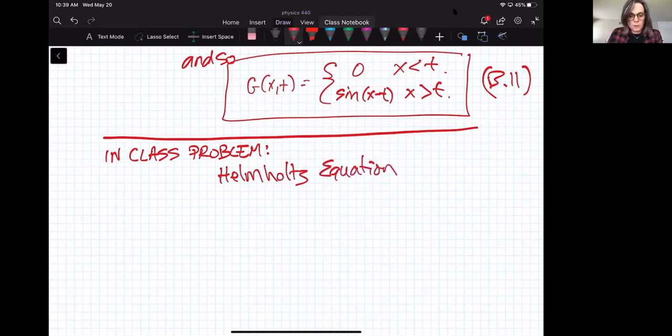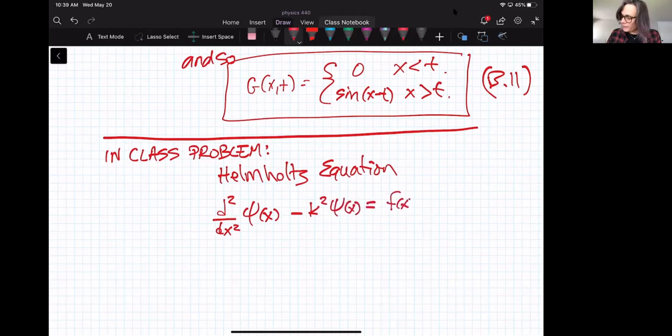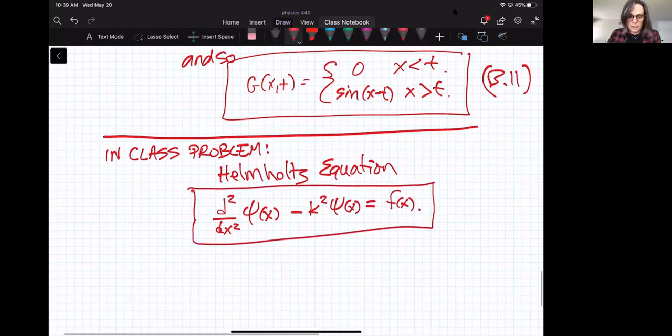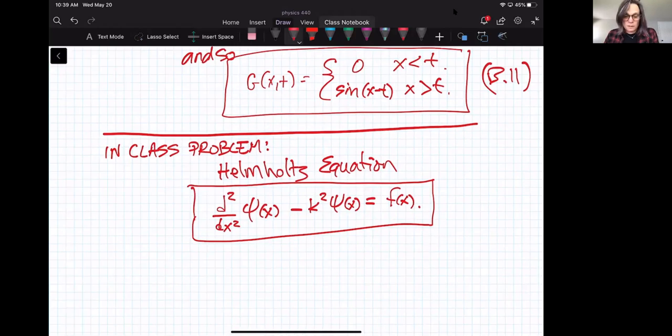The Helmholtz equation is d squared/dx squared of psi of x minus k squared psi of x equals f of x, and the conditions are that as x goes to infinity, psi goes to 0, and as x goes to minus infinity, psi goes to 0.